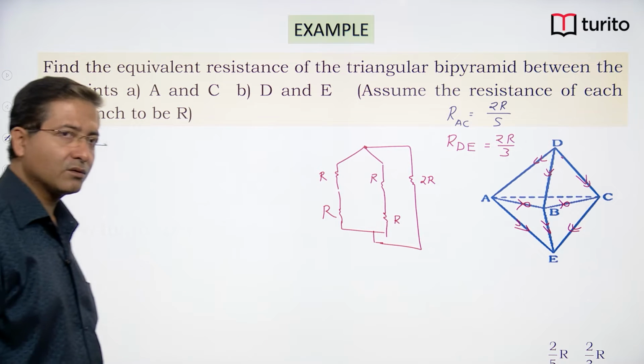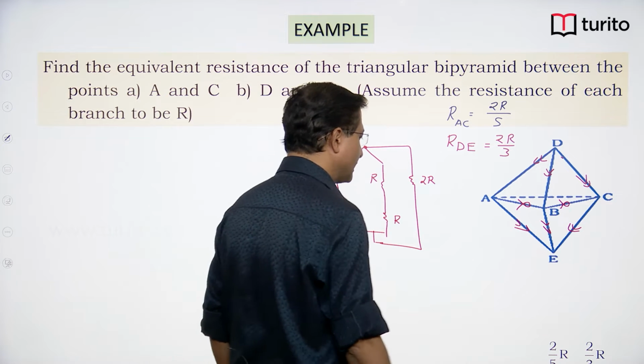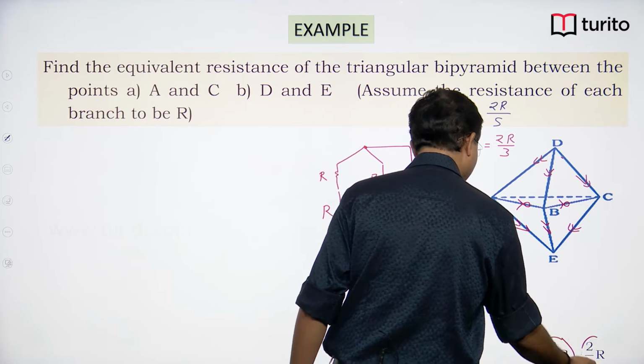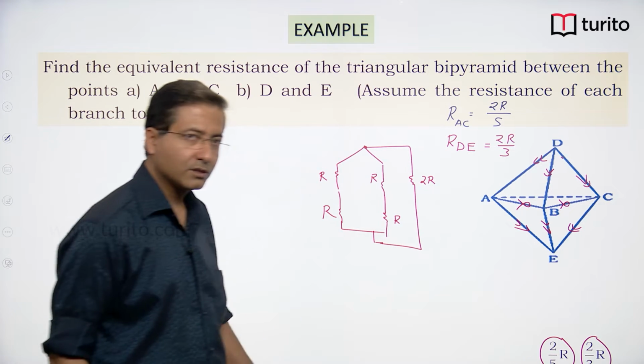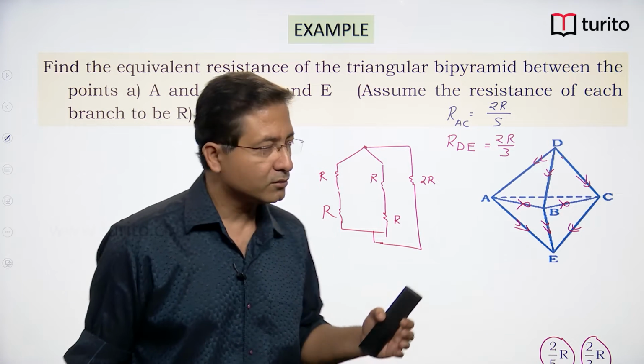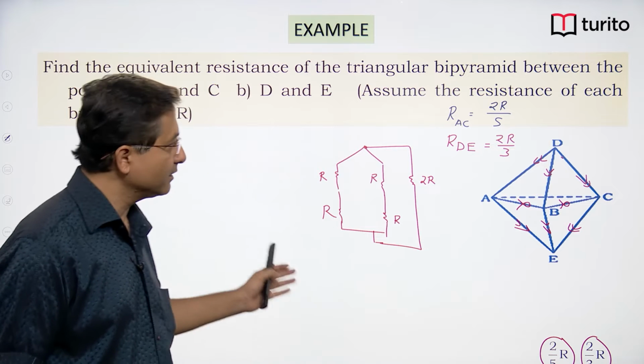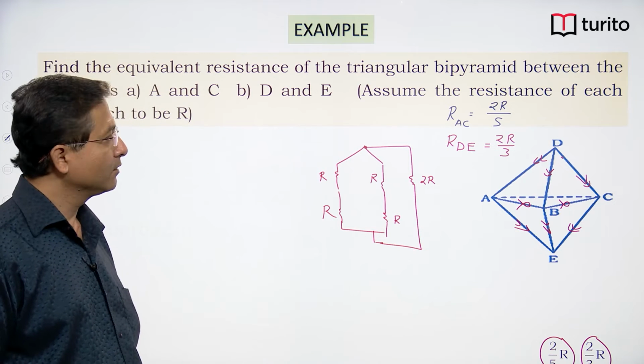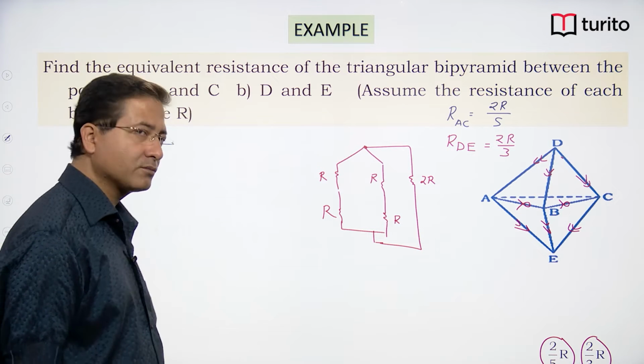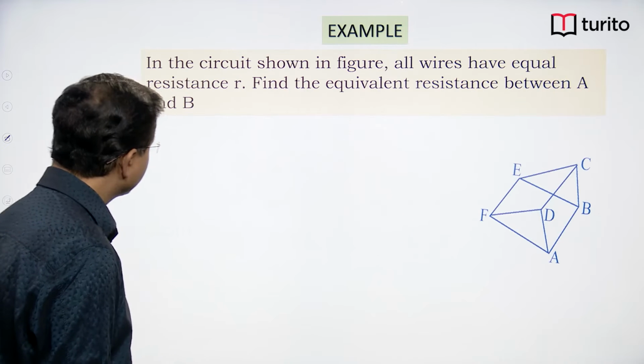So the first answer is 2R by 5 and the second answer is 2R by 3. So in this 3-dimensional structure, we are able to see input output symmetry, we use the concept and we are able to solve it. Okay, let us move to the next example.